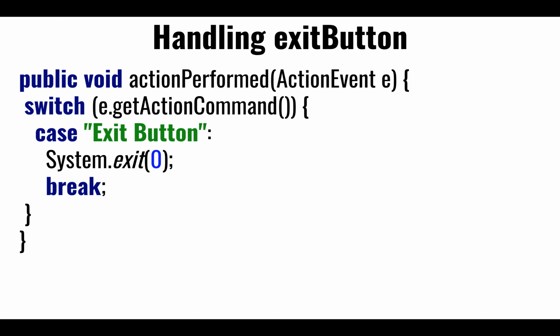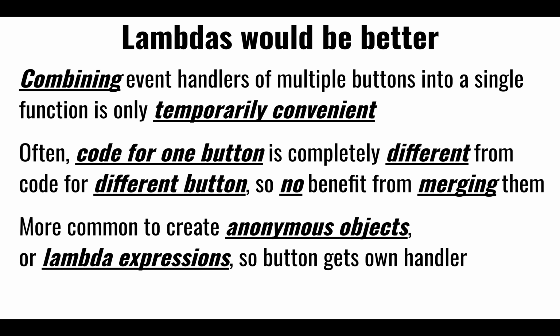So a better solution we'll see a little later is to use lambdas or anonymous functions, anonymous objects. This is just a temporary convenience that we are embedding all this in the view. We'll come back to this as a better solution in a bit.